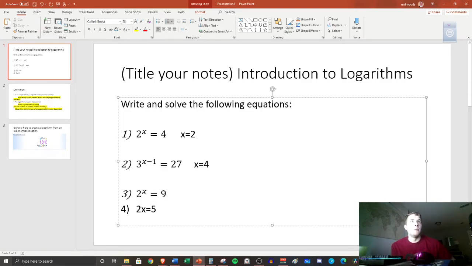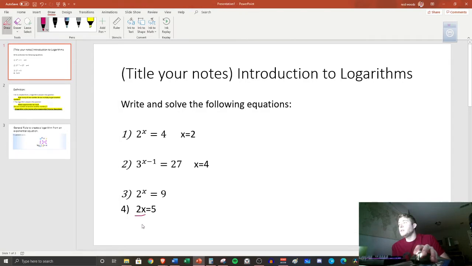There's no number that we multiply by to get 5, but we know that if we divide both sides by 2, we get x alone, and that is 5 halves. And we know how to do that because it's an inverse operation. We have to find out what our new inverse operation is.